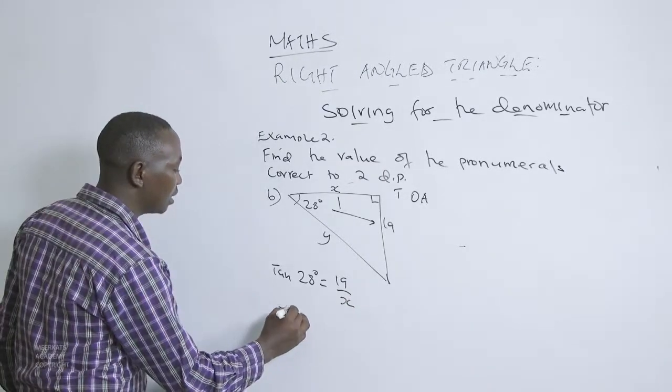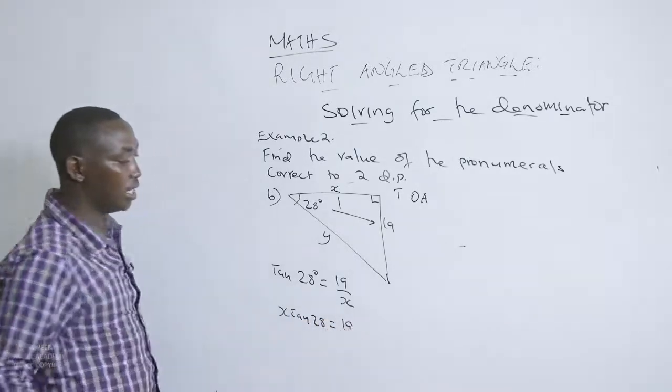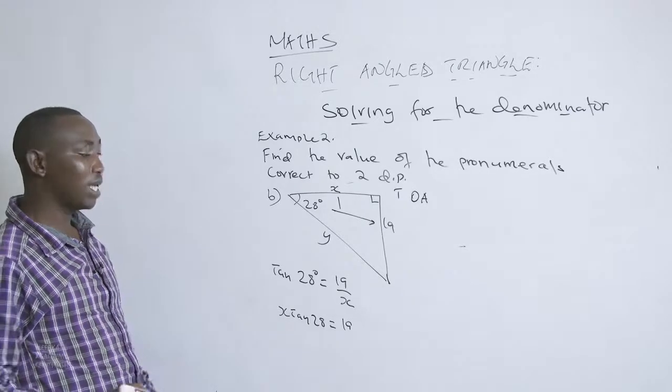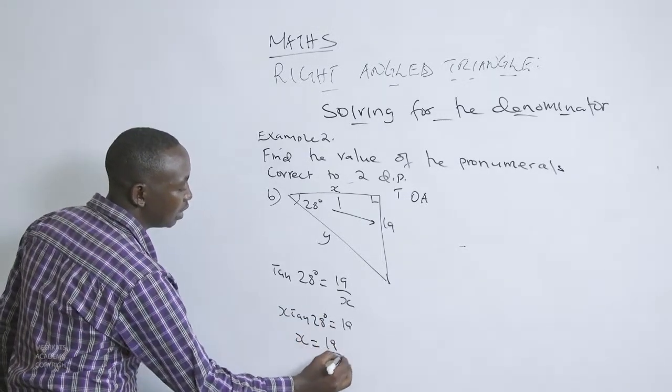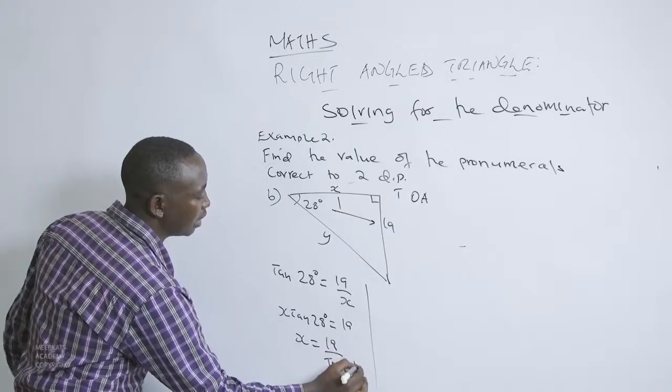That will give us x tan 28 equals 19. To get the value of x, we divide both sides by tan of 28 degrees. That will give us x is 19 all over tan 28 degrees.